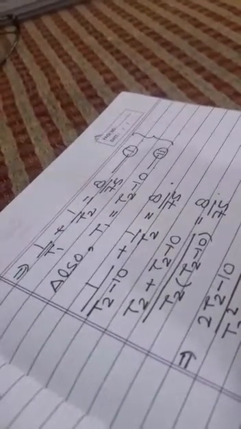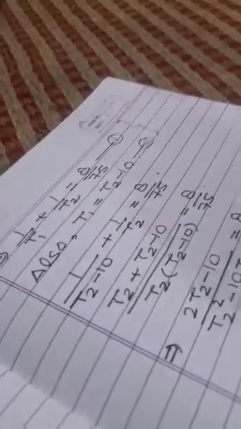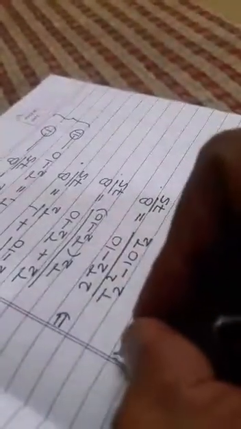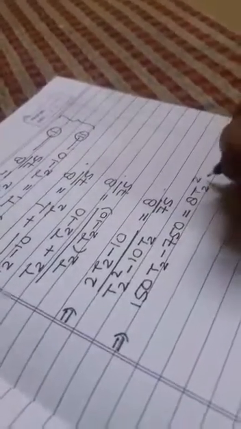Now T2 plus T2 is 2T2 minus 10 upon T2 square minus 10T2 is equal to 8 by 75. So it becomes 150 T2 minus 750 is equal to 8 T2 square minus 80 T2.